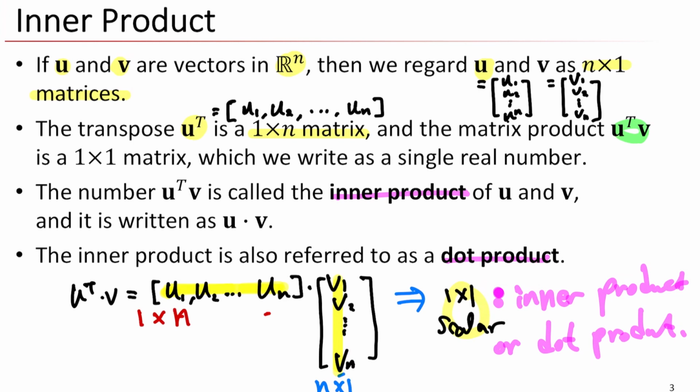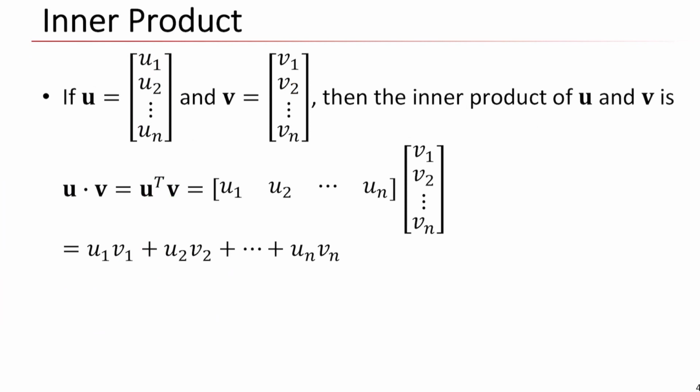In other words, we can represent the inner product between vectors u and v as u transpose times v, or u dot v. So this is the definition of the inner product or dot product. We already used this concept when computing the matrix product in our lecture on matrix multiplication. So we already know this, but this is just the systematic definition of the inner product.